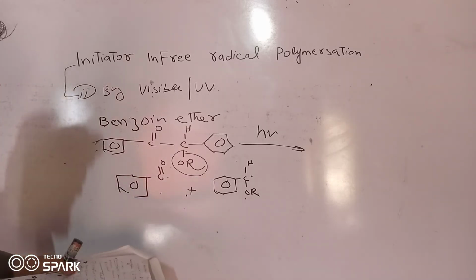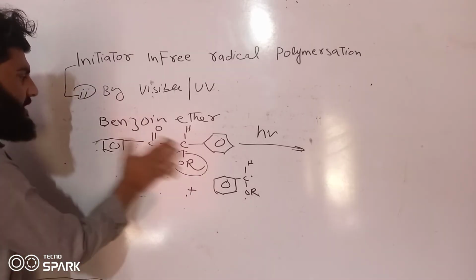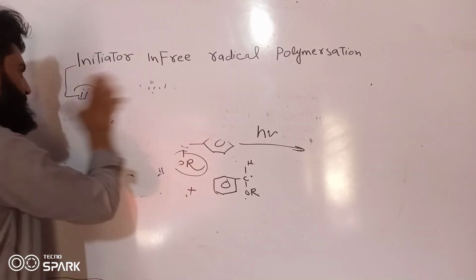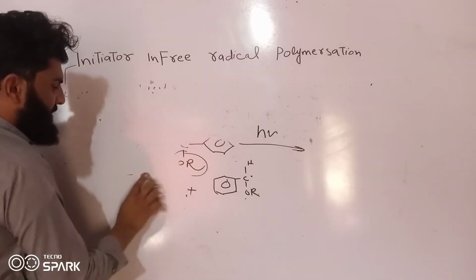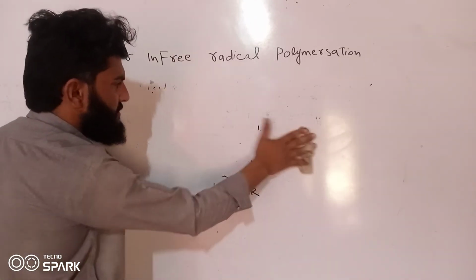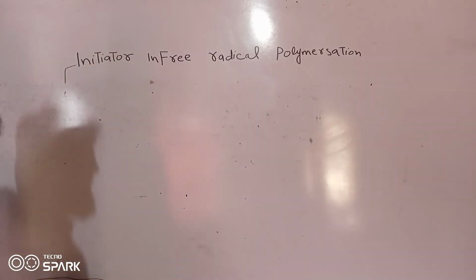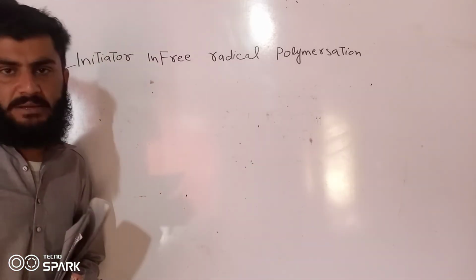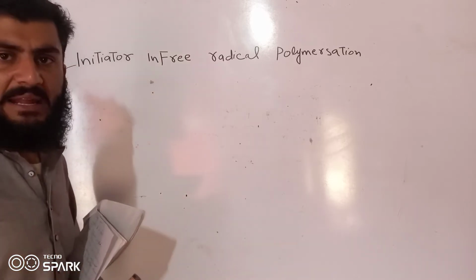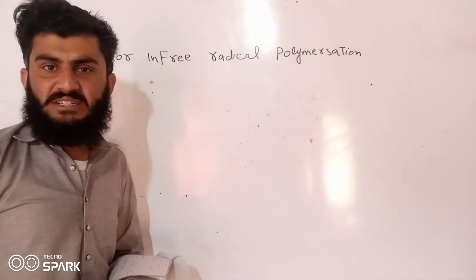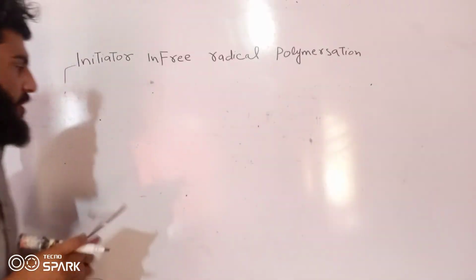So in the third case, we can produce free radicals by using current. By using current, we can also produce free radicals, because current can compel the reagent to oxidize or reduce.